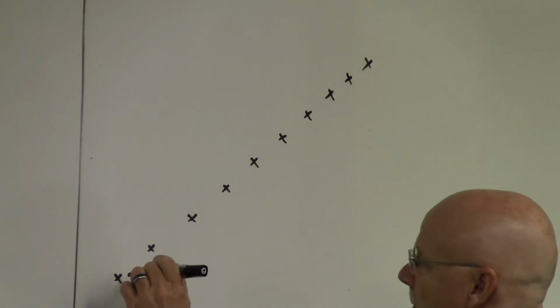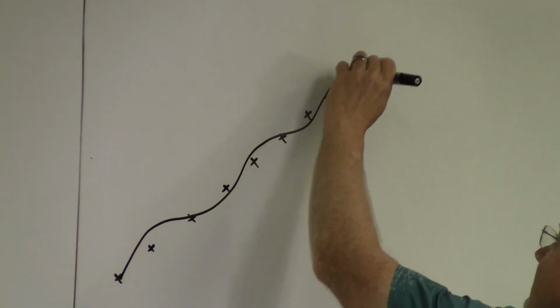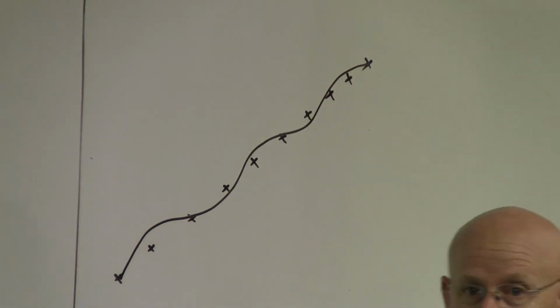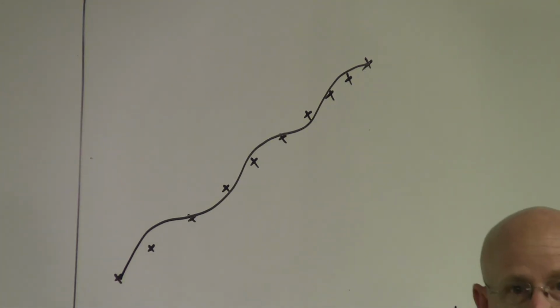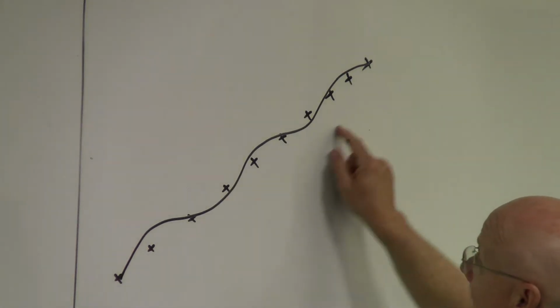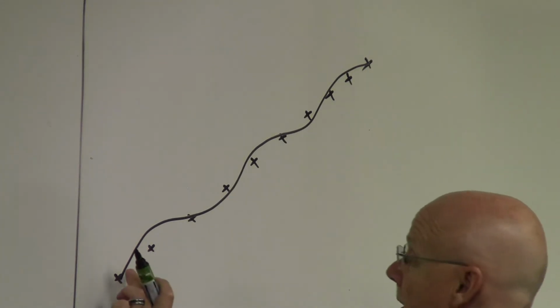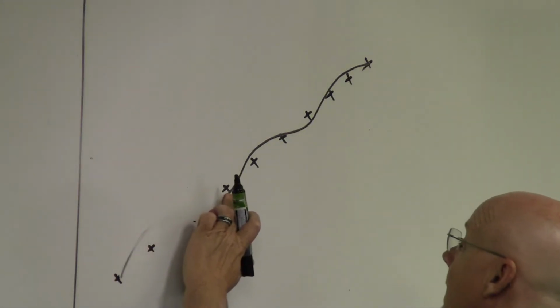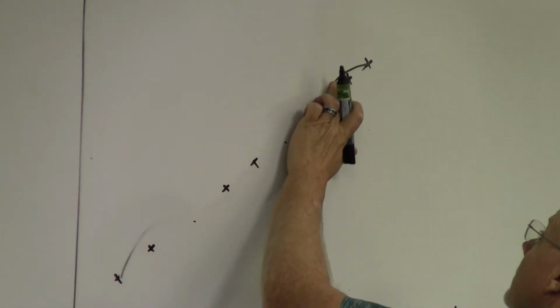And of course yours is probably a little curvy because, you know, our equipment's not the most accurate in the world, and your lab partner probably messed up making the measurements here. So that is hopefully roughly a straight line. And maybe I shouldn't have put that little curvy thing.